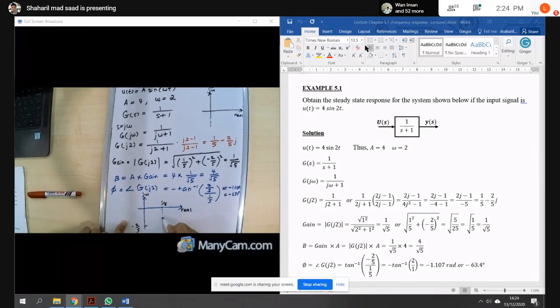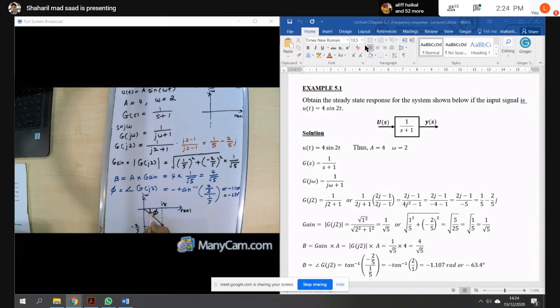When we plot it, we get one point, and we find the angle, which is your phase angle P. Of course, your phase angle is negative because it goes in this direction.